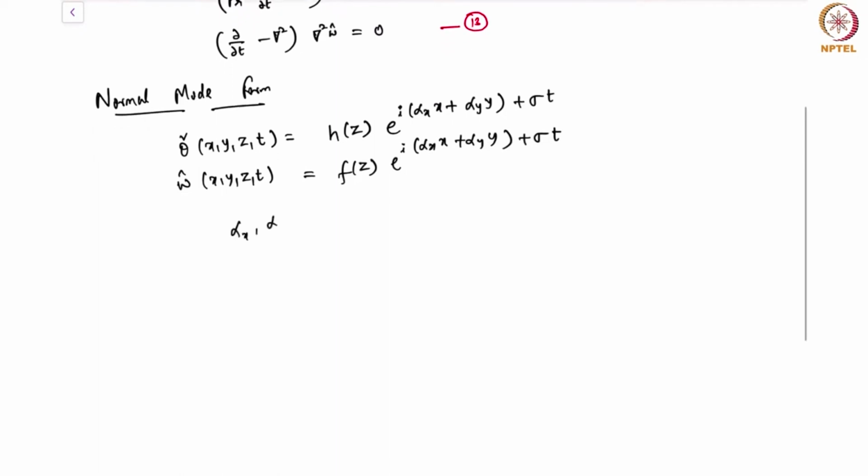Alpha x and alpha y are non-dimensional wave numbers.